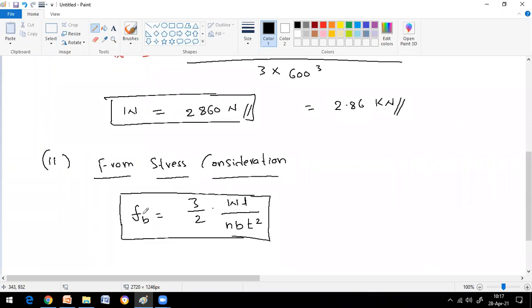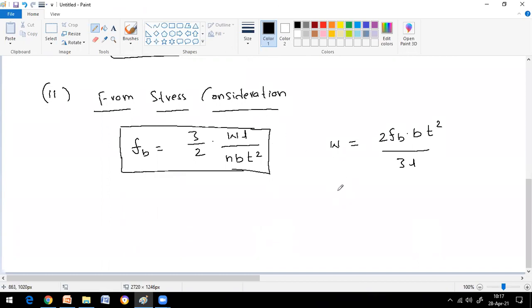In this, you know the bending stress, you don't know the load. Take your load out. W is equal to 2 FB into B T square by 3L. Substitute 2 into the bending stress given, 180 into, sorry, N is also there, right?